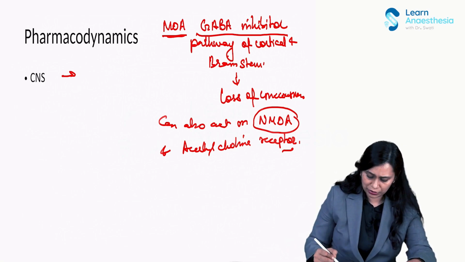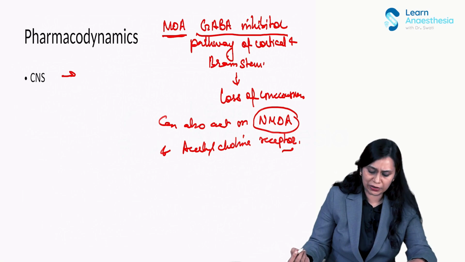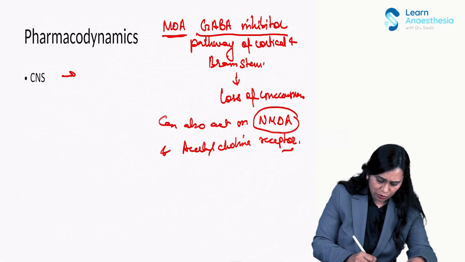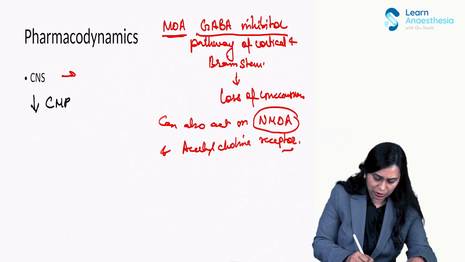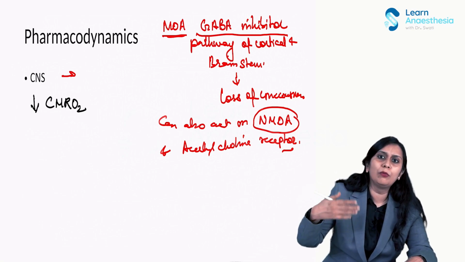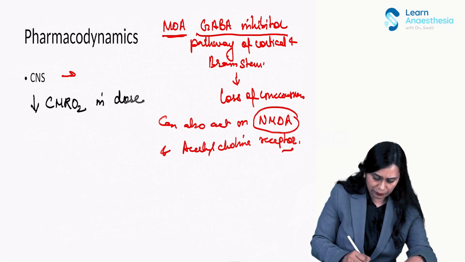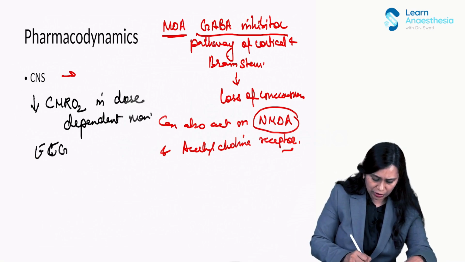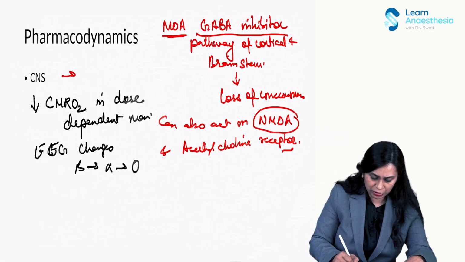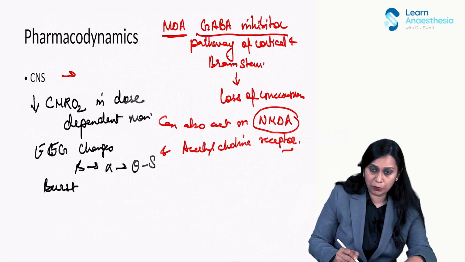Okay. Now, let us see how it affects the central nervous system. Like any other IV anesthetic agent, it is putting the patient in sleep mode. So, it decreases the cerebral metabolic oxygen requirement in a dose dependent manner. More the dose, more the CMRO2 is reduced. EEG changes from beta to alpha to theta to delta, and causes burst suppression, which is very important for the cerebroprotective effect.